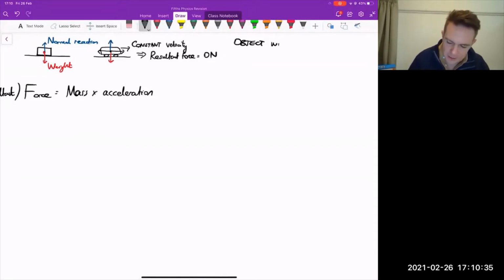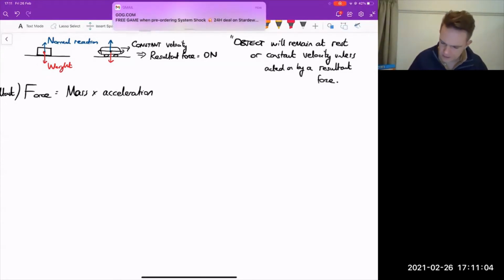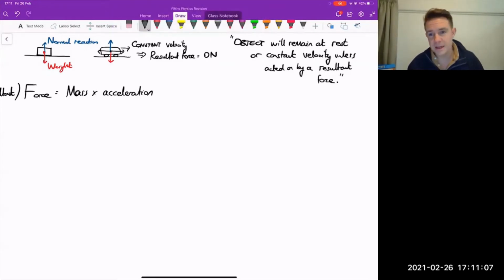So an object will remain at rest or constant velocity unless acted on by a resultant force. Okay, so very simple. It's remarkably simple, but it's actually very important, that is true.